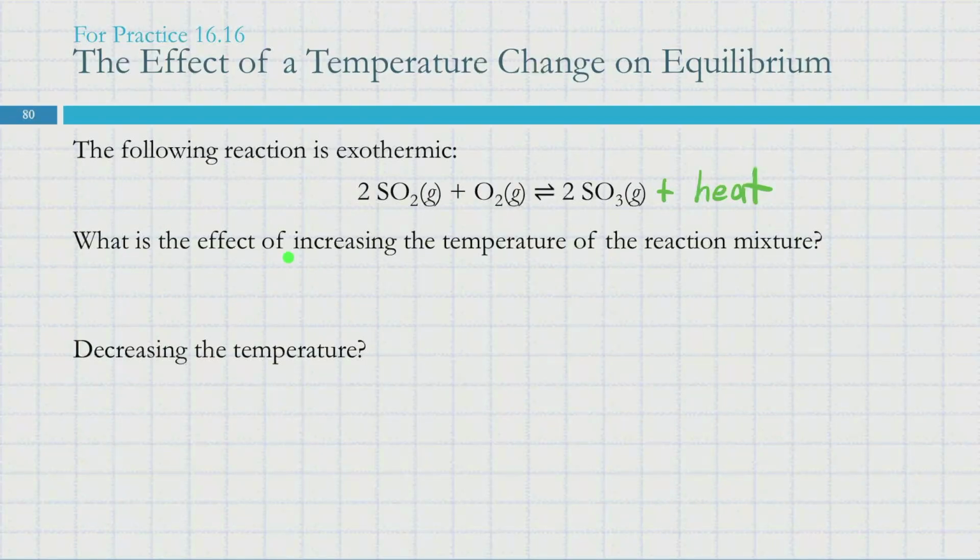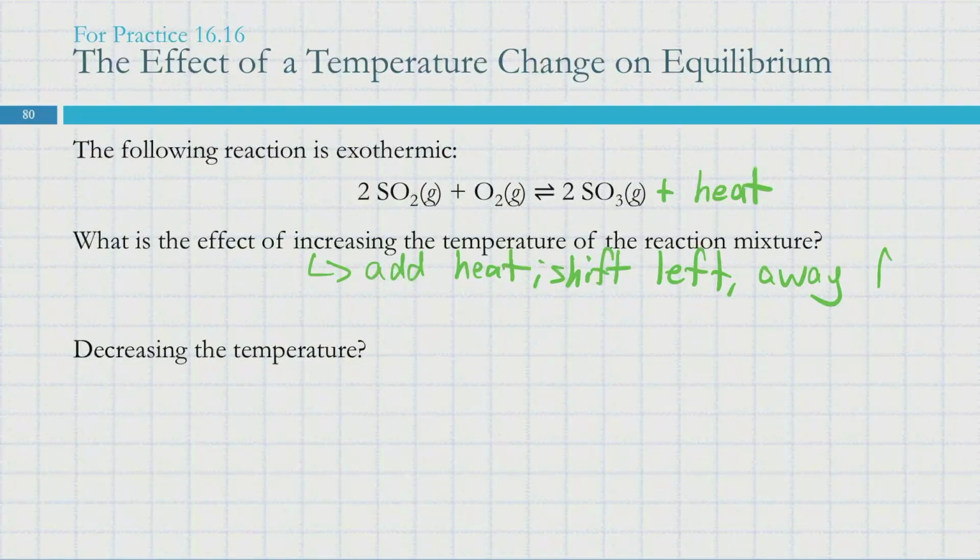If we increase the temperature of the reaction mixture, we're adding heat. So that will cause a shift to the left, away from the heat side.